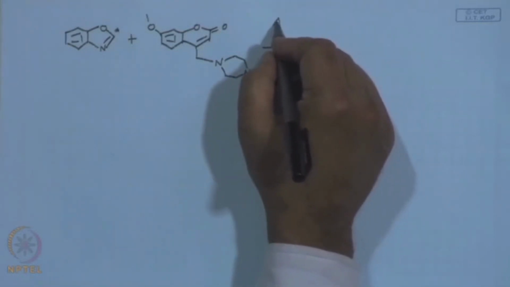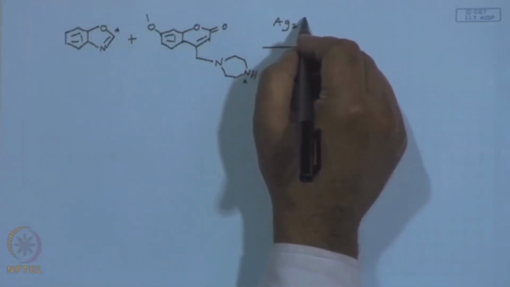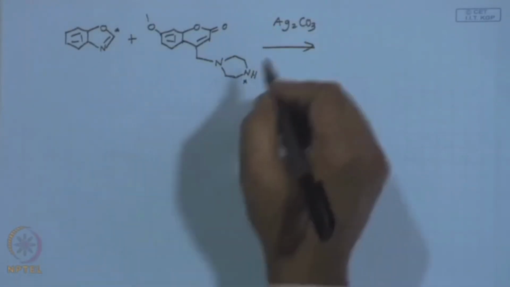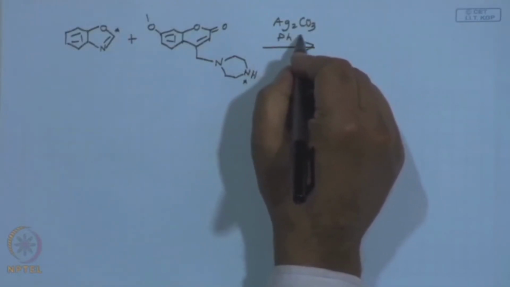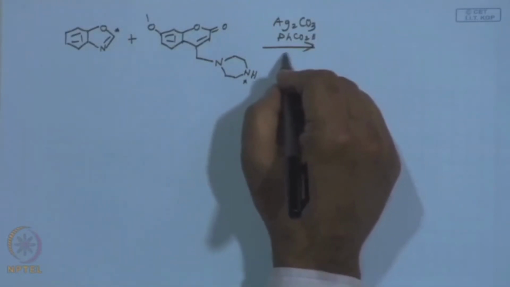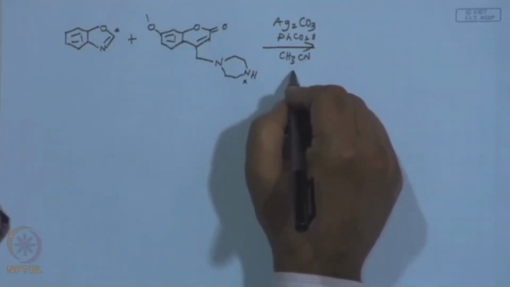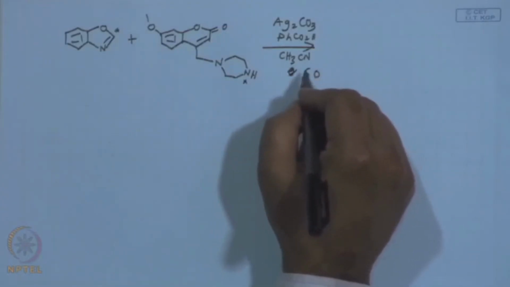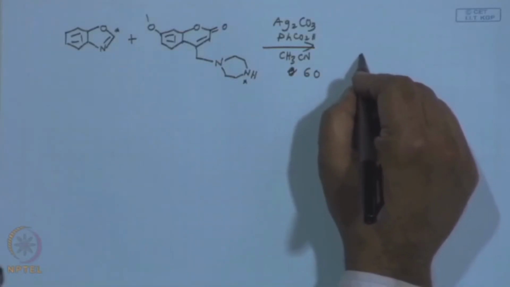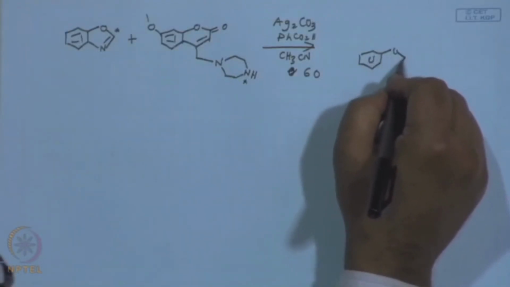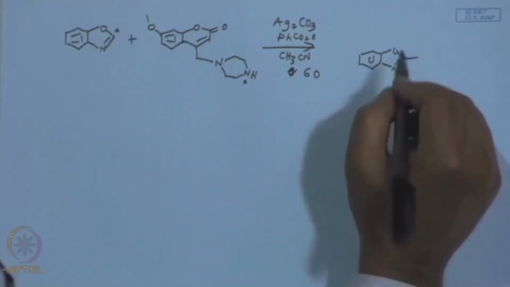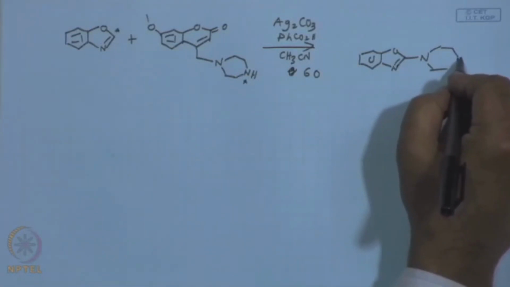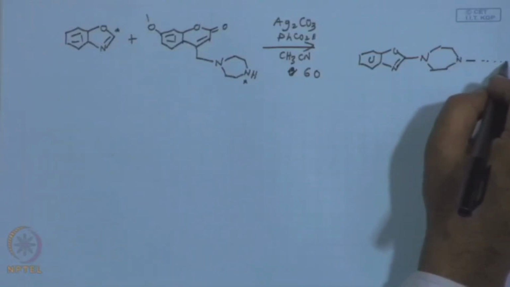they have used silver carbonate and benzoic acid, then acetonitrile at 60 degrees, and the product is, as is obvious now, this direct amination, and then you can write the rest of the things.